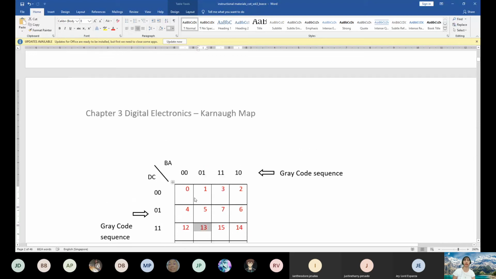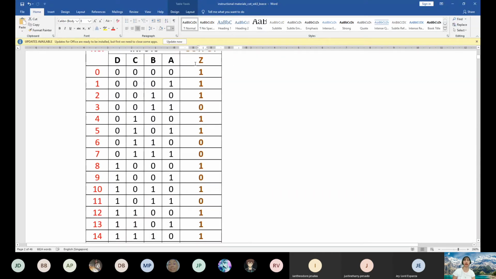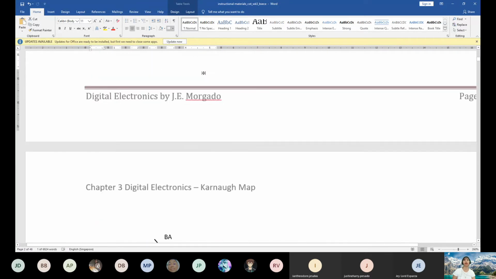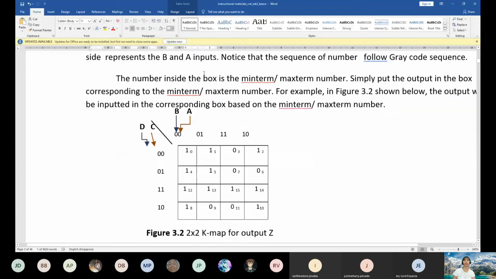Take note that you already have a corresponding output based on the corresponding input.